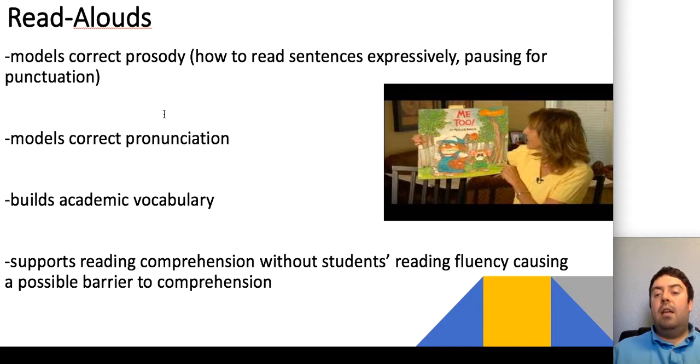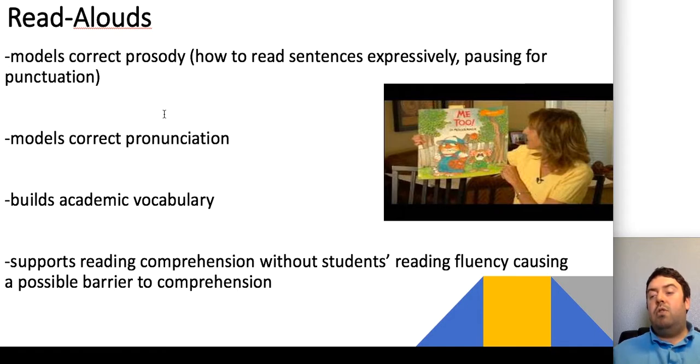And then it's also nice to show students proper reading strategies as well. One reading strategy is to look at text features. One way people do that with read alouds is they go through either a picture walk or a textual features walk, where the teacher has students make predictions about what they're going to read based on the title, images or pictures, captions under the images, and bolded print.